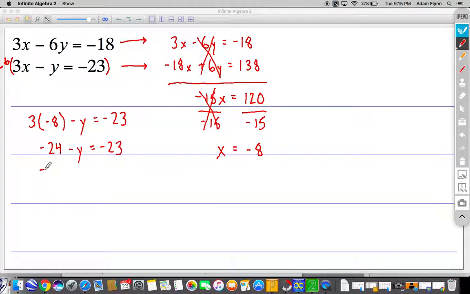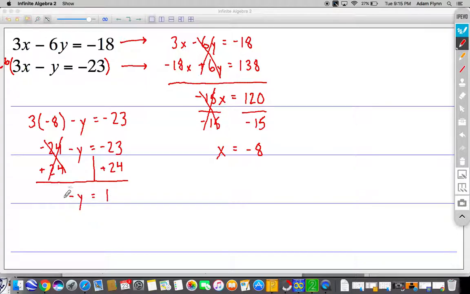I'll add 24 to both sides. When I do that, negative 24 plus 24 cancels. So we're left with negative y equals negative 23 plus 24, which is 1.